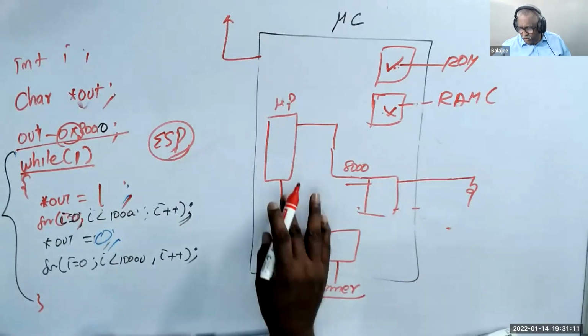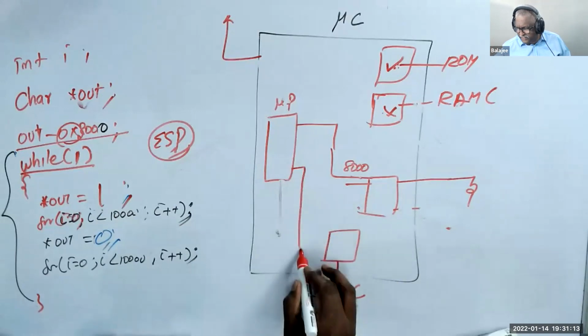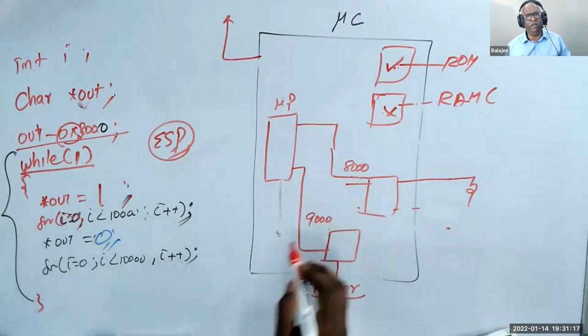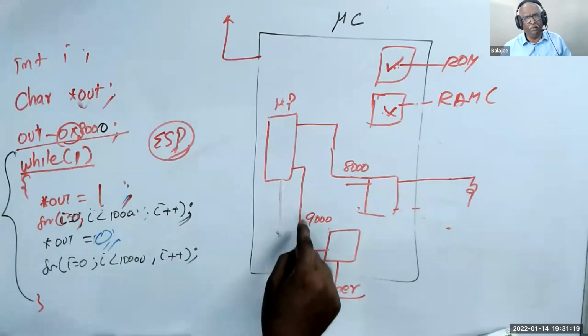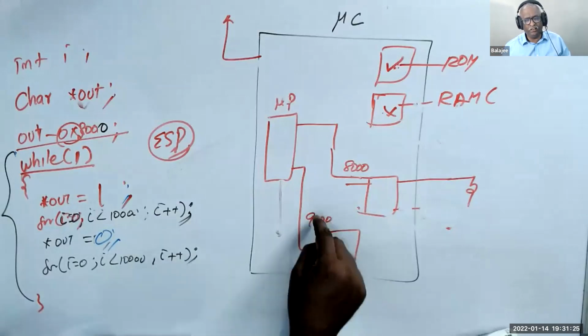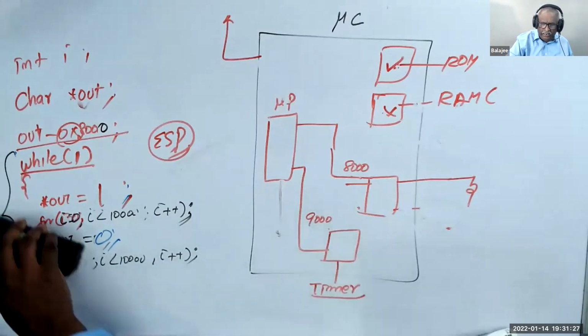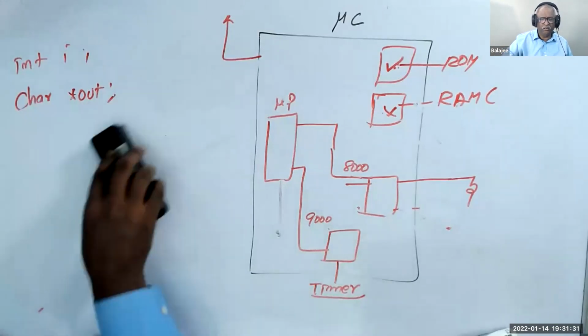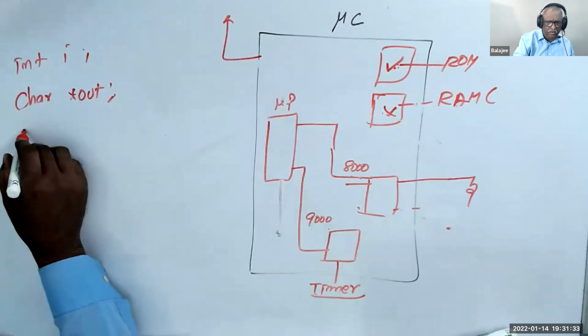Now you tell him, you tell him through the data bus. This guy's address could be 9,000. See, this guy's address should be 9,000. Please understand. Okay, not 8,000. Now, what I do here is this. Everything is here.